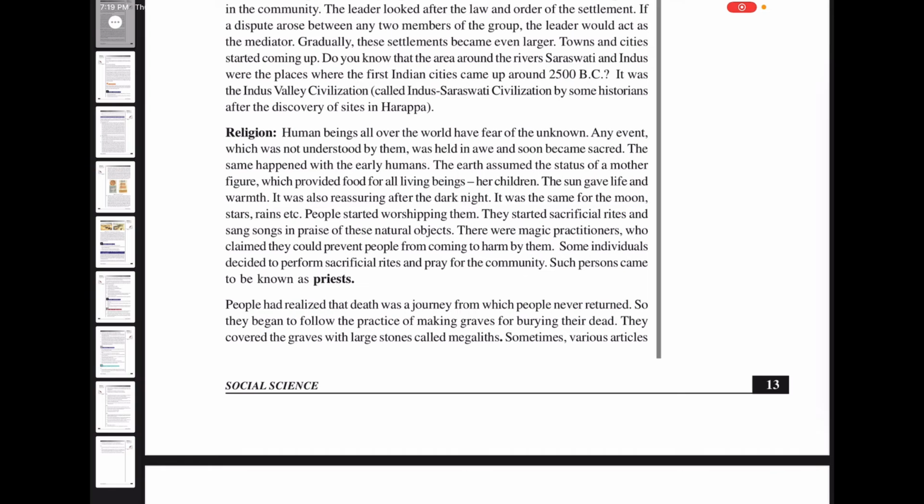Some individuals decided to perform sacrificial rites and pray for the community. Such people came to be known as priests. People had realized that death was a journey from which people never returned. So they began to follow the practice of making graves for burying their dead. They covered the graves with large stones called megaliths.